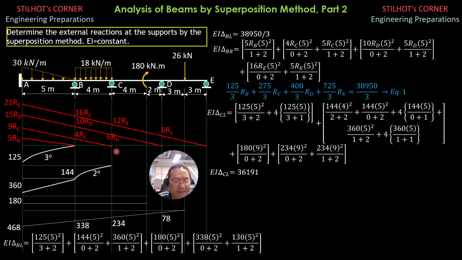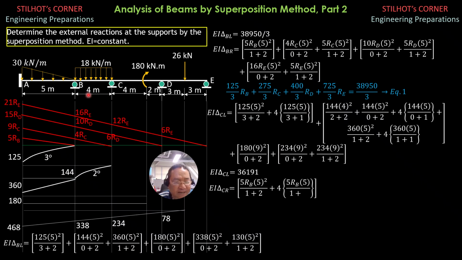And due to the reaction at C, we consider these moment diagrams from A to C. Beginning with this load, it has two effects, deflection and slope. So EI delta C due to reactions is 5 RB, length 5 square over first degree plus 2, that's due to deflection.